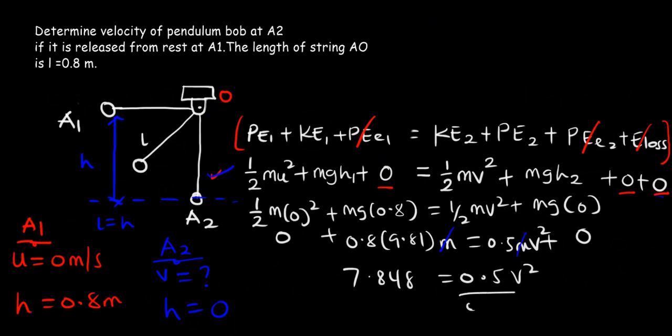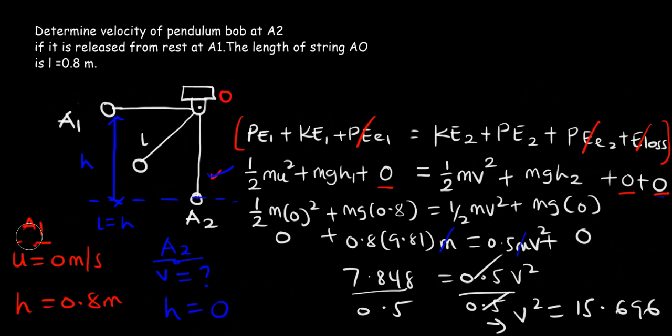So I'm going to divide both sides by 0.5. 7.848 divided by 0.5 gives me a value of 15.696. So continuing from this, I'm going to have v squared equal to 15.696.